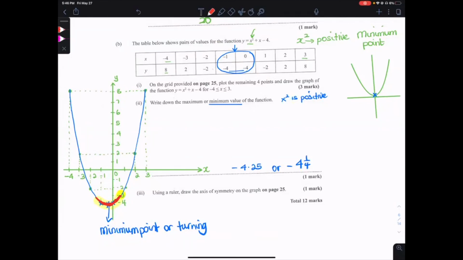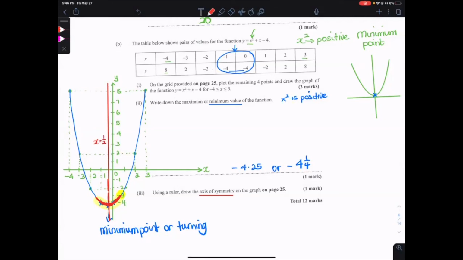Yes, miss. Right. So we want again the axis of symmetry. So we want the line where we could cut the curve into 2 equal pieces. And this line on my graph here, well, it's not drawn to scale, but on the curve here, this line that I have is where x equals a half.